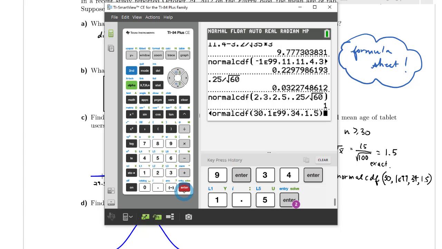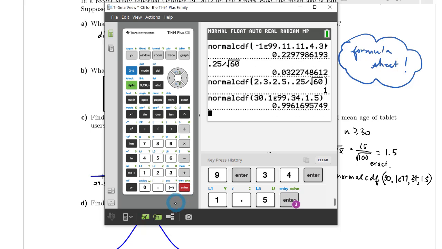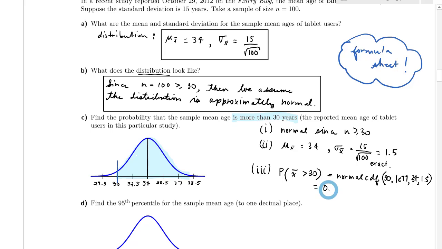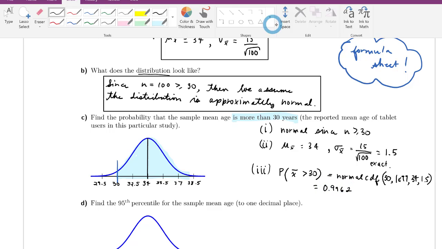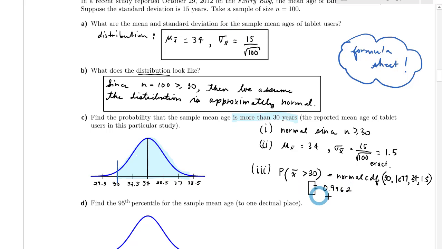It's up to you. Okay, hit enter, and it's going to be 0.9962. So we can see that there's a pretty good chance that if you took a sample of 100 people, the sample average would be more than 30 years old of using a tablet.